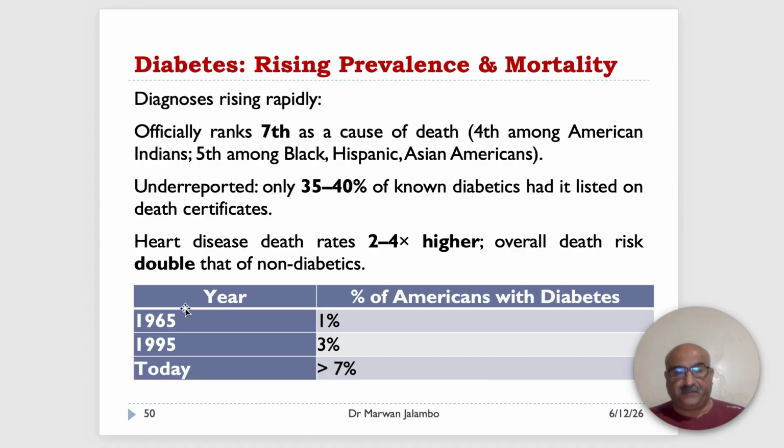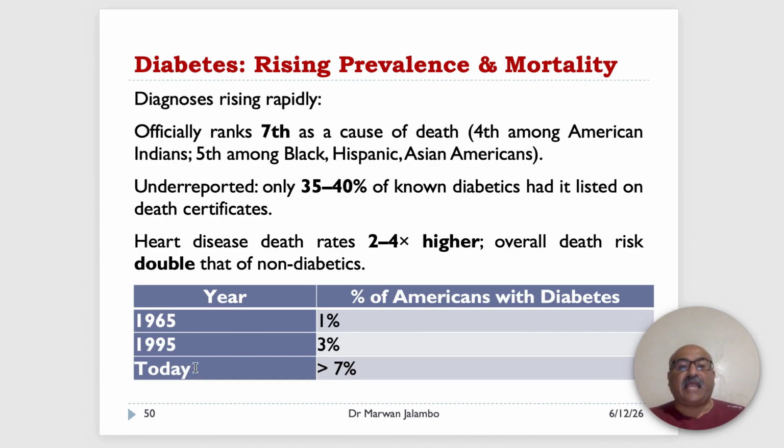Watch this trend. Diabetes went from 1% of Americans in 1965, to 3% in 1995, and more than 7% to date. That's an epidemic in slow motion.